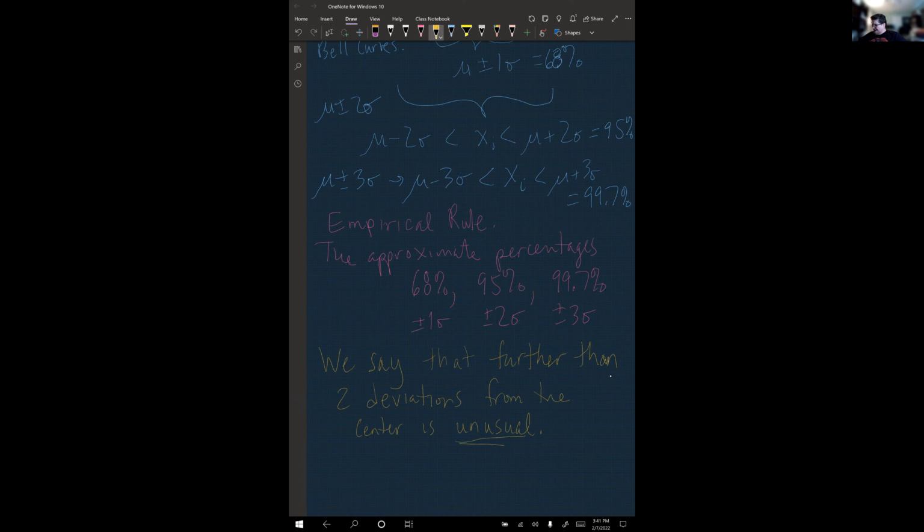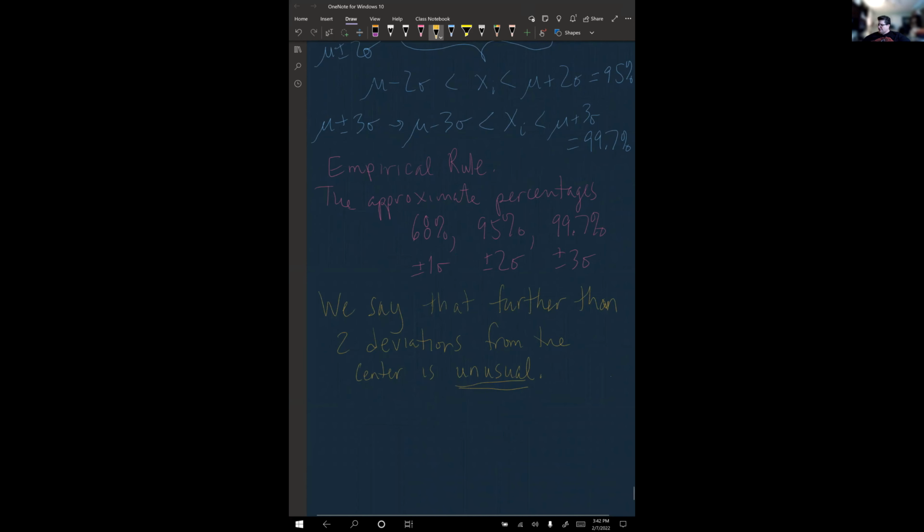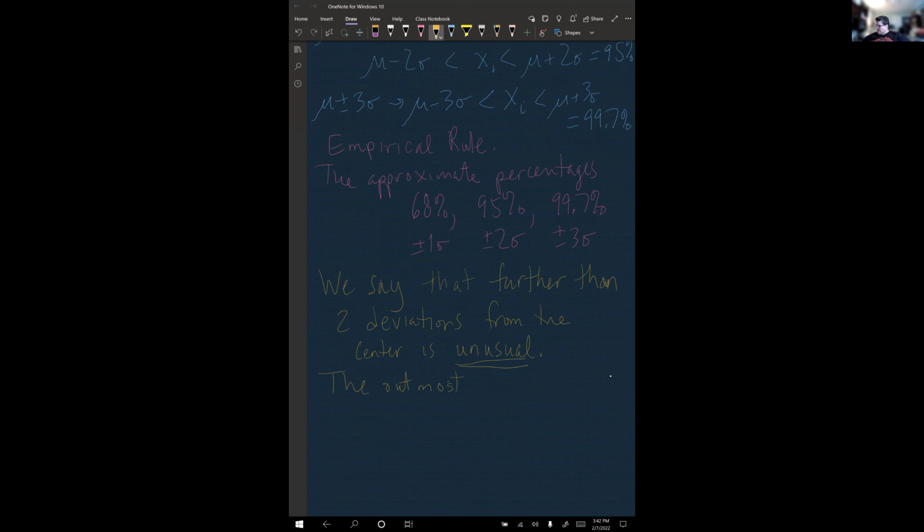You will be asked repeatedly this semester, is this unusual or not? Since it's outside of the 95% range, it's the outermost 5%, or 0.05, and that is unusual.